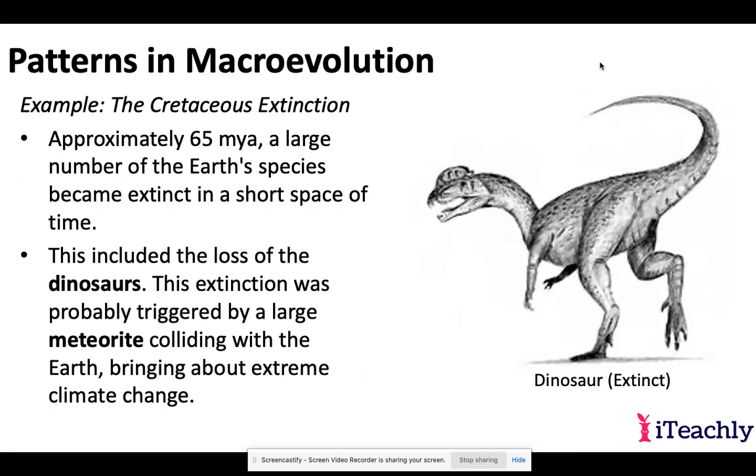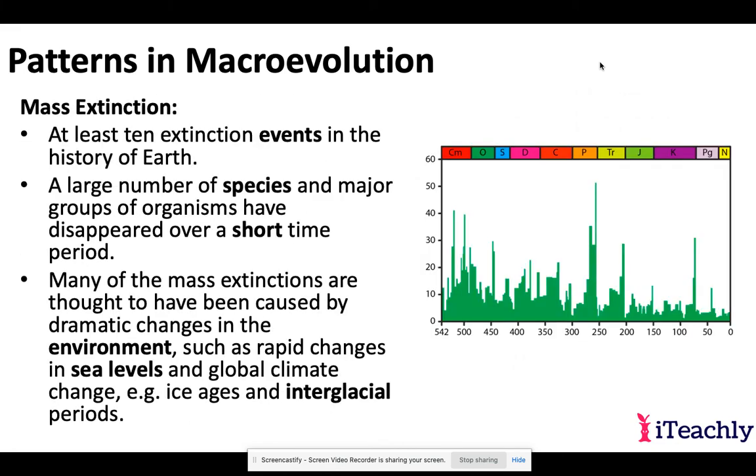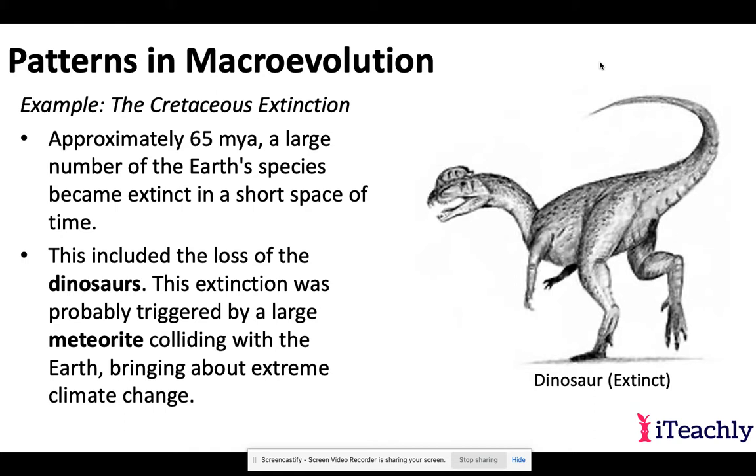Some examples are the dinosaurs. This is one of the ones we're all familiar with: the extinction of the dinosaurs, approximately 65 million years ago. Again, in a short span of time, we lost many, many different species of dinosaurs.